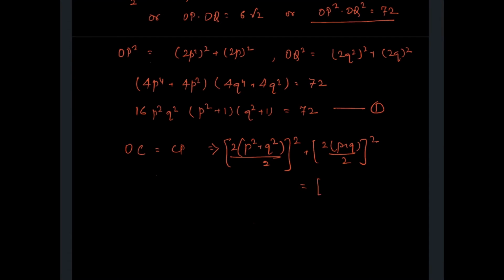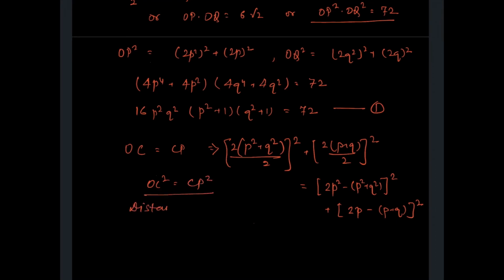So CP is (2p square minus (p square plus q square)) whole square plus (2p minus (p plus q)) whole square. What is this? This is the distance formula.